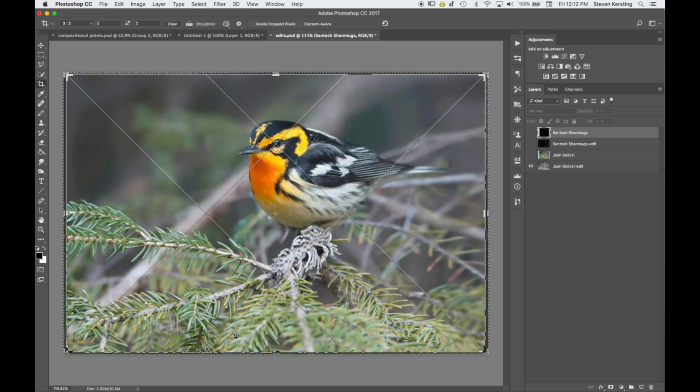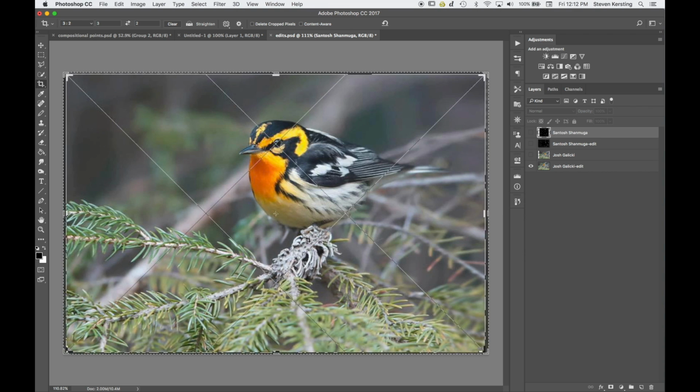It created an additional diagonal line through here, also leading up to the subject, and it feels more balanced to me. I have greater room here. If we go to about this point here where contrast is good, I get about an equal distance here.